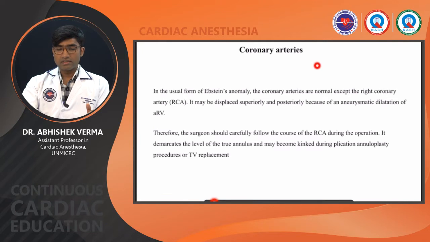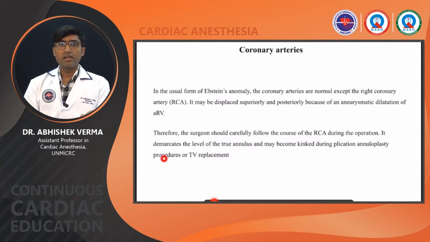In coronary arteries, there are also abnormalities because the RCA goes through the backside of the true annulus. Here, coronary arteries are normal except the right coronary artery. It may be displaced superiorly or posteriorly because of the aneurysmal dilation of the atrialized right ventricle. Therefore, the surgeon should carefully follow the course of the RCA during the operation.